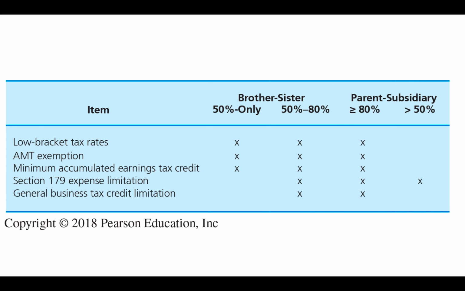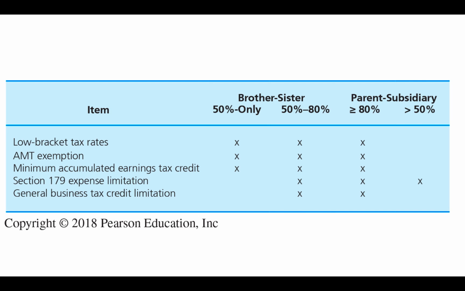This slide is going to tell you whether the 50-50 or the 50-80 test is going to apply for various tax provisions. You can ignore the first two line items, the low bracket tax rates and the AMT exemption. Those are left over from pre-Tax Cuts and Jobs Act. They're not applicable anymore, but they have not yet been updated. So the only ones that matter to us are the minimum accumulated earnings tax, 179, and the general business tax credit limitation.